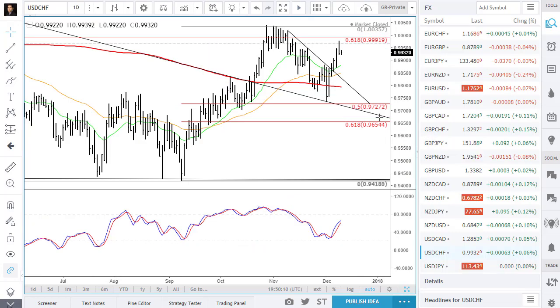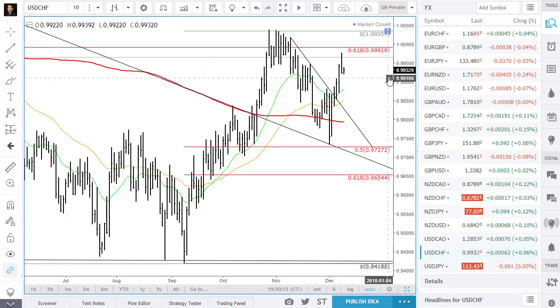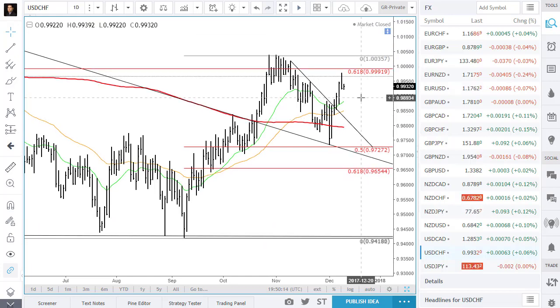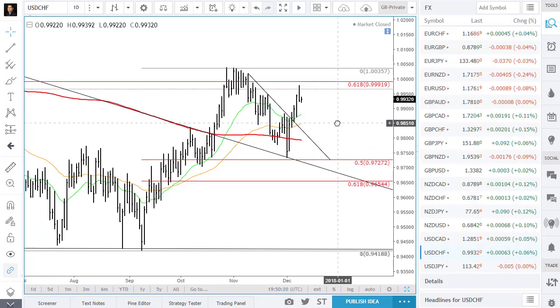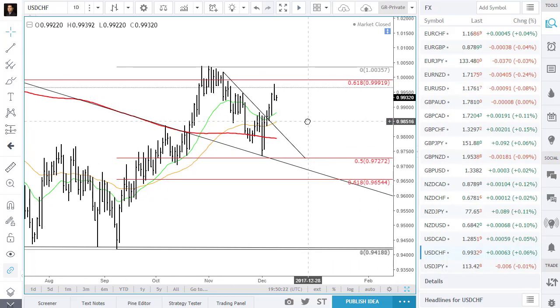So, looking at the daily chart, on top of the fact that we broke above this trend line, we also held this 50% retracement level, which is very important. And the breakout actually held very nicely, and we continued to the upside.